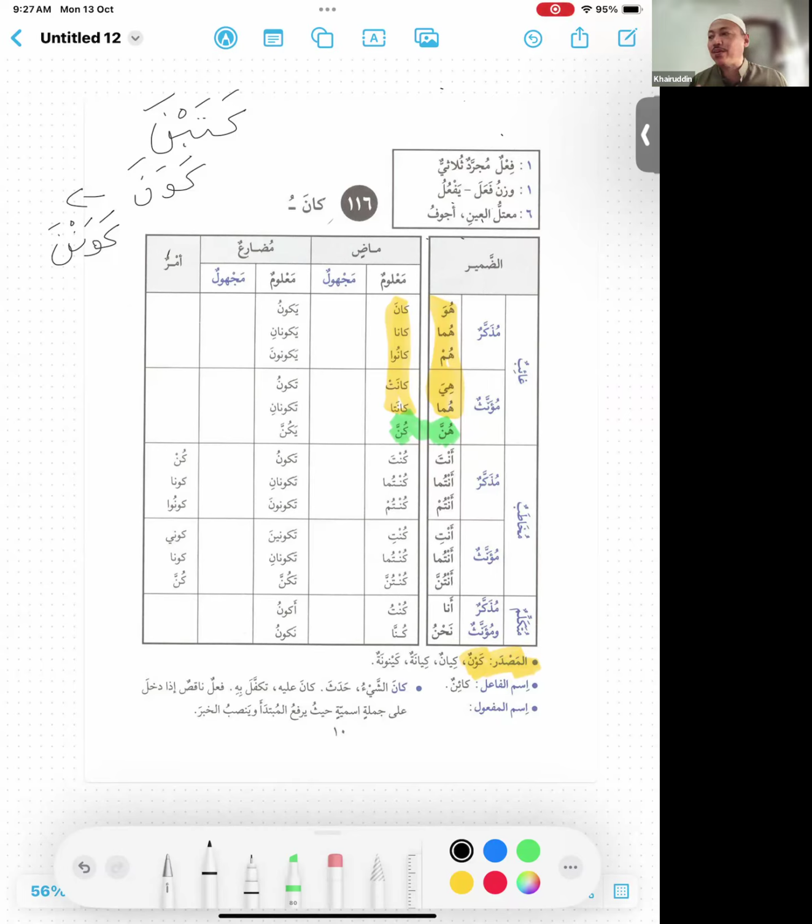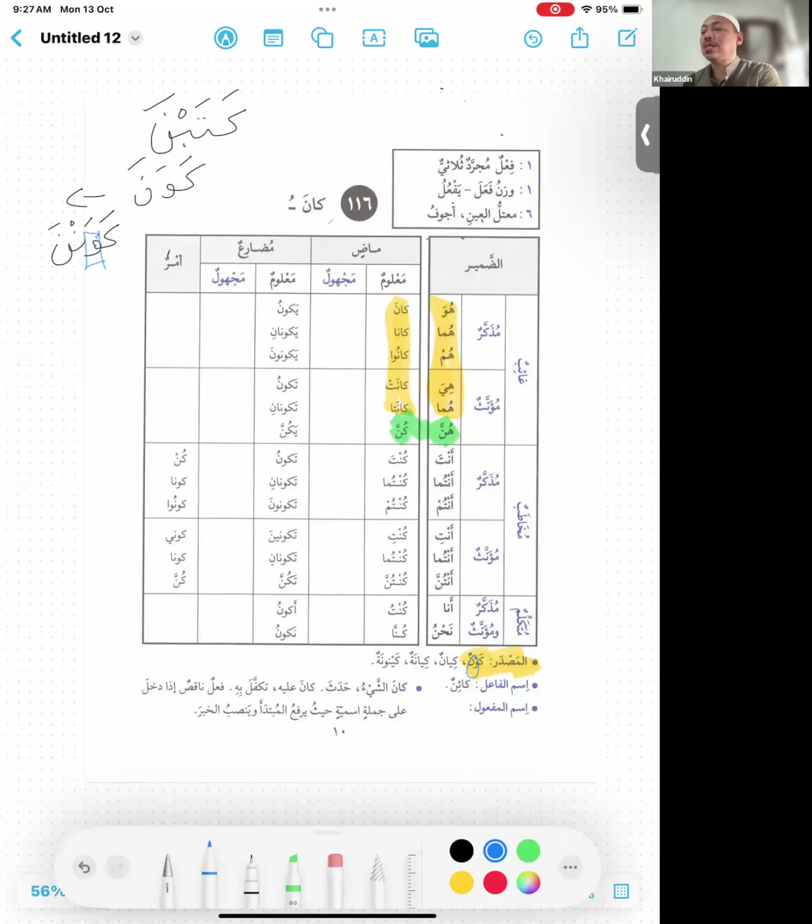So the linguists say there's thaqal. It's actually heavy on the tongue to do it this way. So what they have done is they have taken this wow here, which appears in here as well. So you can tell that the asal of it, the origins of it, is kawana. So what do you do with the wow?